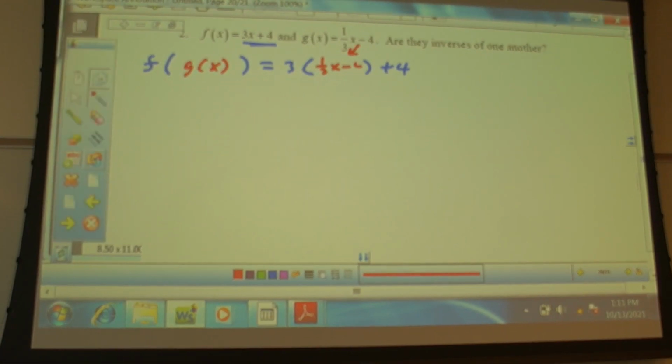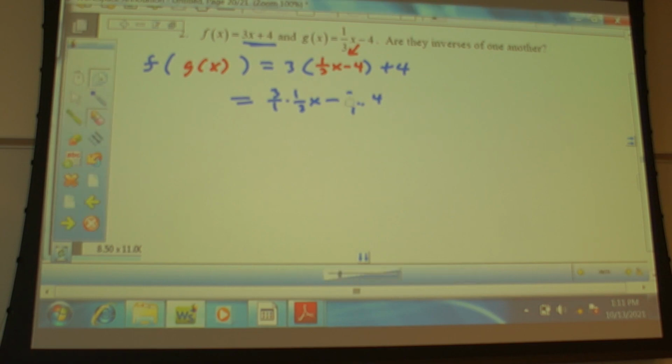So now you just have to do this. Okay, so then you have to do your distributive. 3 over 1 times 1/3 x minus 3 over 1 times 4 over 1.